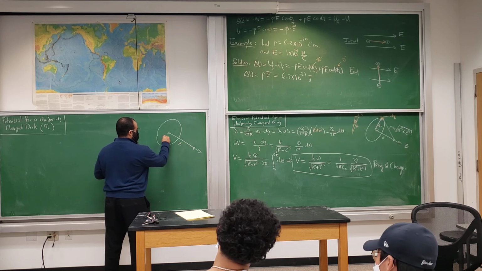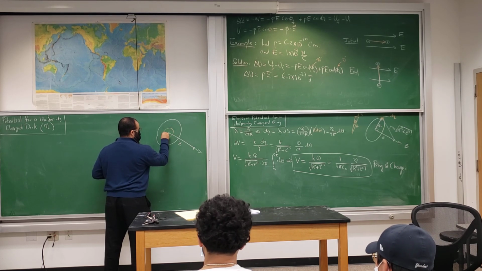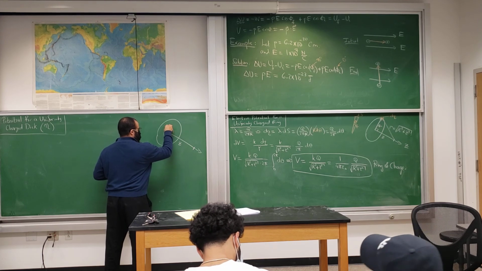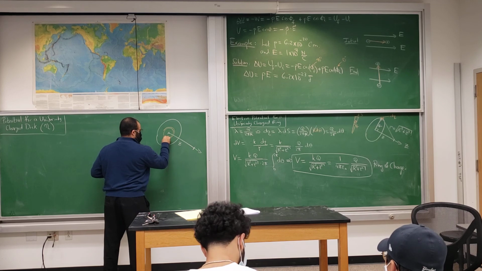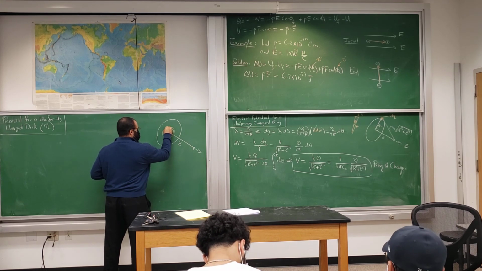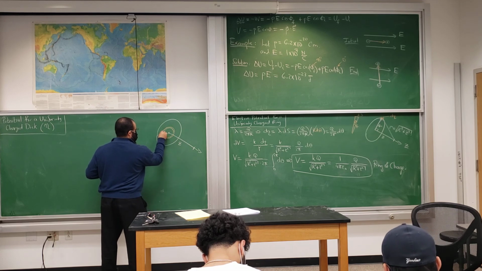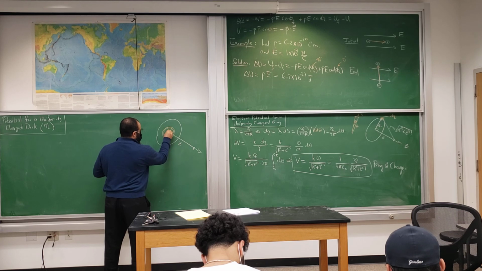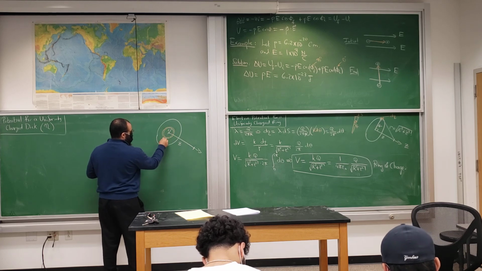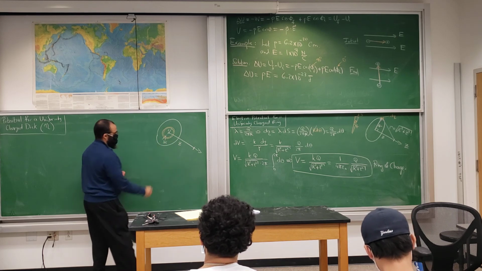Let's draw it with different colors. So here's the ring, and we have a certain thickness dr. So this is my ring. And my ring has radius little r here, and it has a thickness from here to here. That thickness is dr.